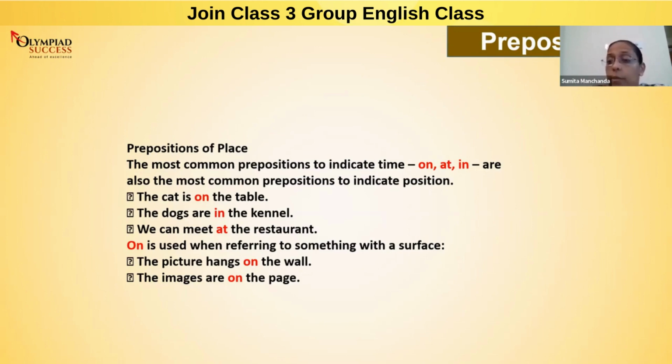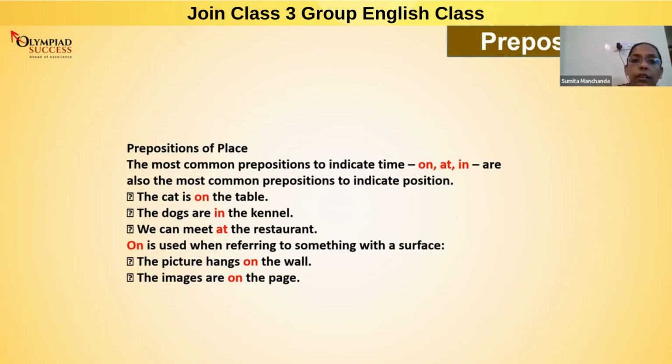If anyone finds one, please tell me. Nothing. No preposition is there, Hanit. It is not necessary that all sentences must have a preposition. So whenever anything touches the surface, we use on.